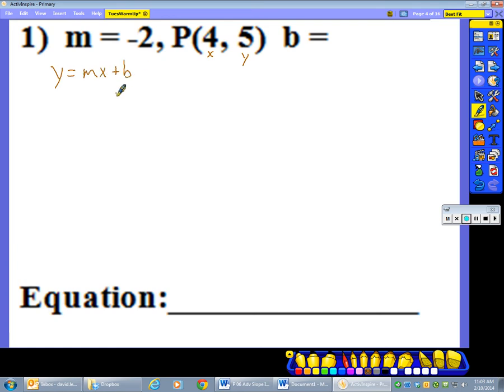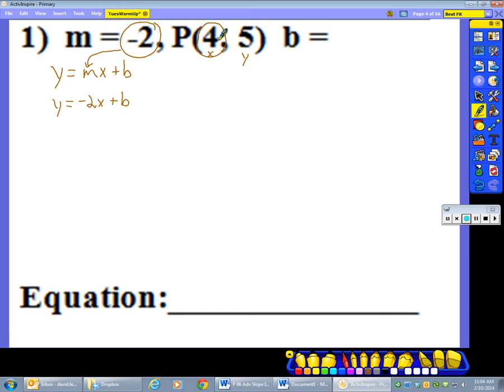And so you're going to do a whole lot of substitution here. Let me show you what we're doing. We're going to sub in our slope, which is -2. That's going to go in for m. So now my equation looks like y equals -2x plus b. Now I'm going to sub in the coordinates for the point that they've given me that lands on the line for this equation I'm going to create.